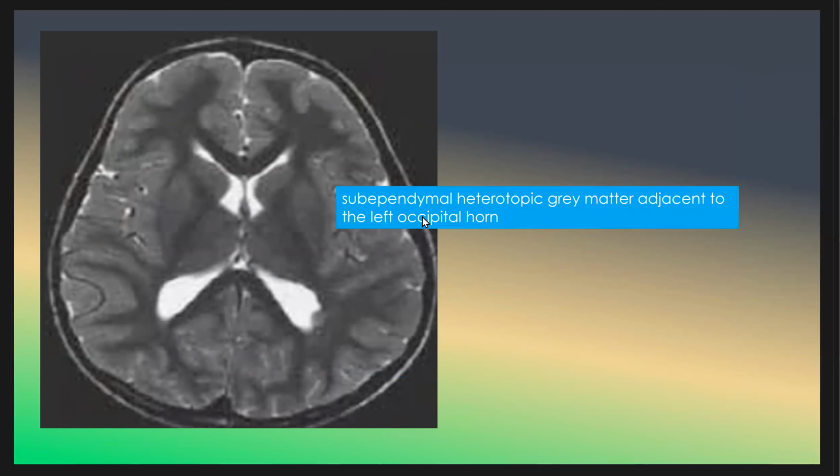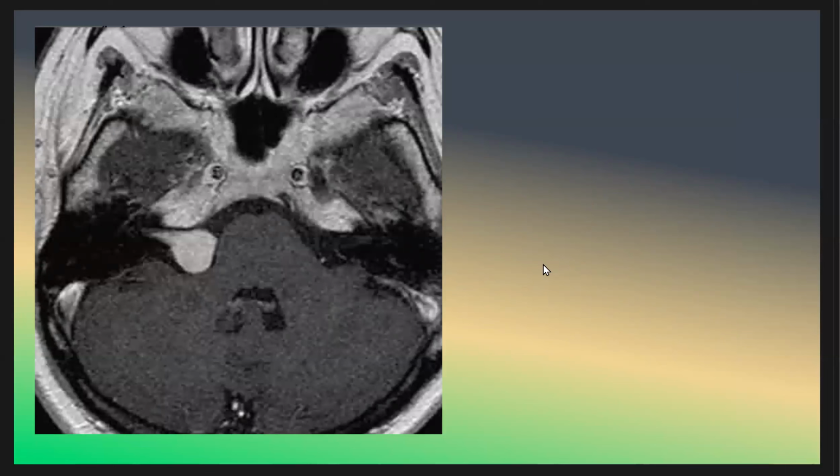So this is subependymal heterotopic gray matter adjacent to the left occipital horn. What do you think the patient has?